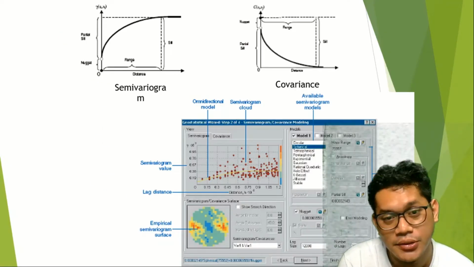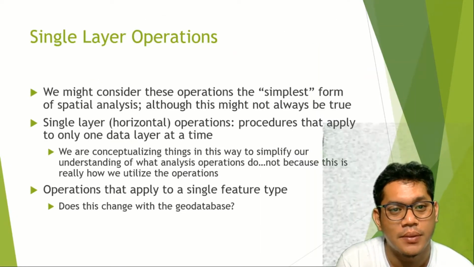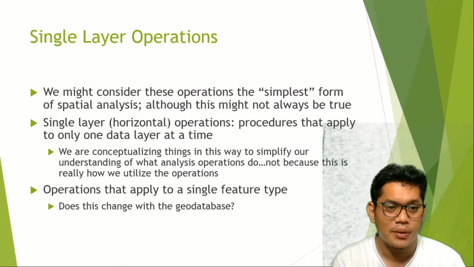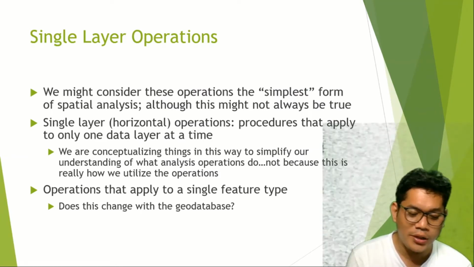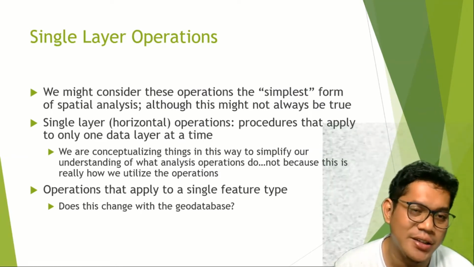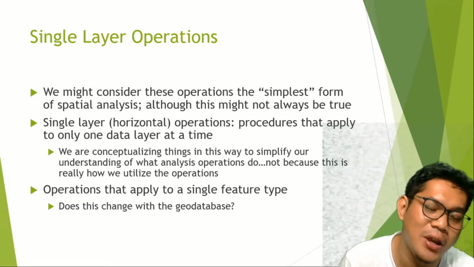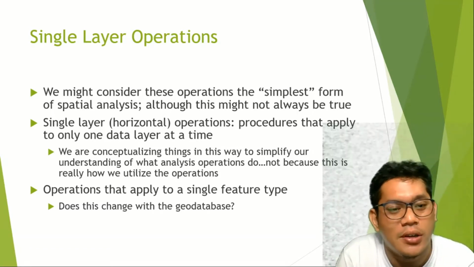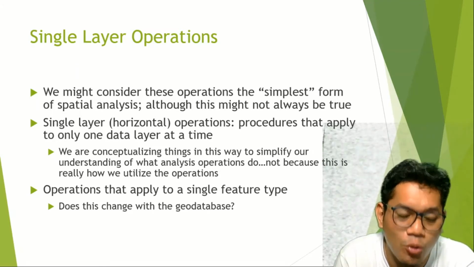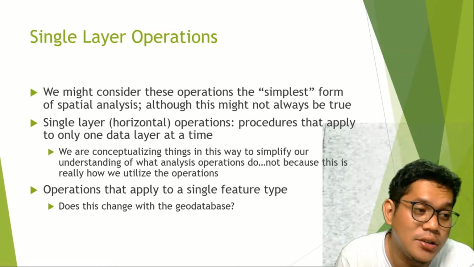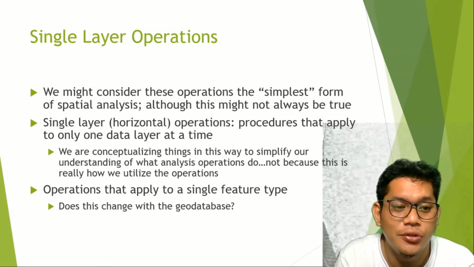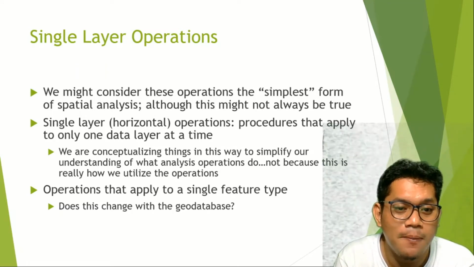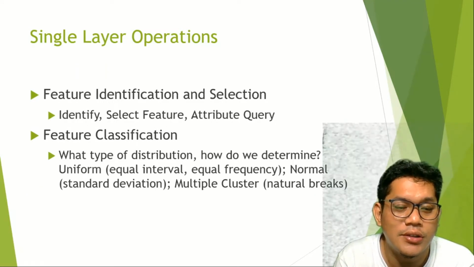These are the examples, okay. Of course, although I already showed you all of these complicated analyses, we do have these single layer operations, okay, which are the simplest, but really useful for you to come up with this analysis, okay. There are a lot of examples here.